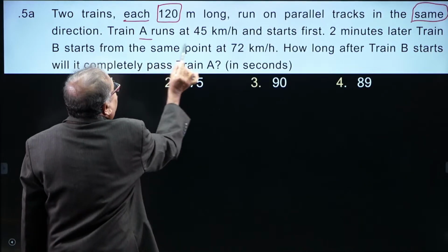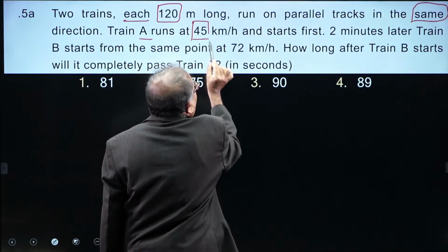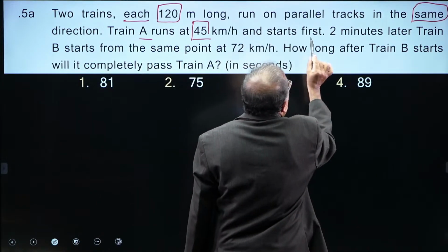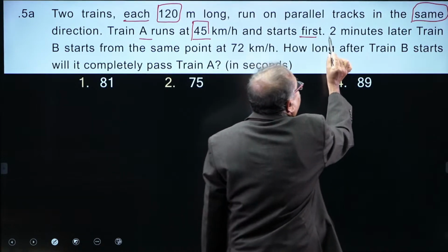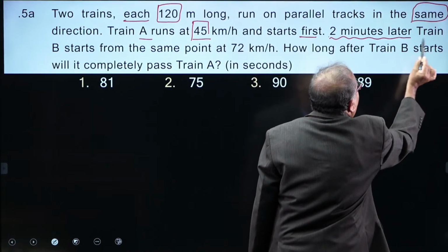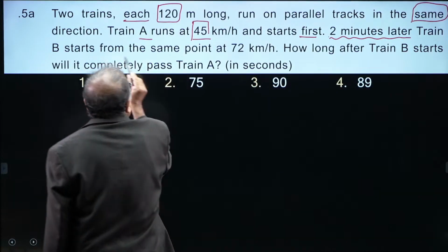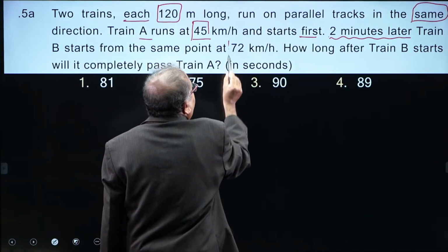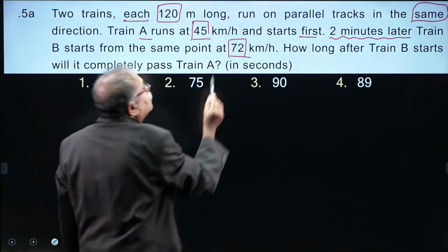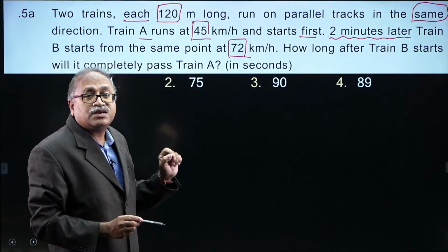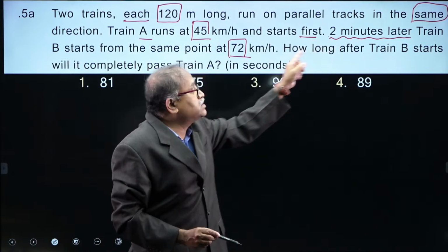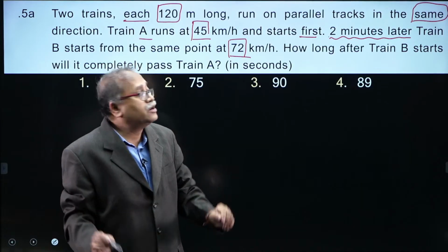The train A runs with a speed of 45 km per hour and starts first. 2 minutes later, the train B starts from the same point with a higher speed, 72 km per hour. The first one is 45 km per hour. The second one starts after 2 minutes with a speed of 72 km per hour.